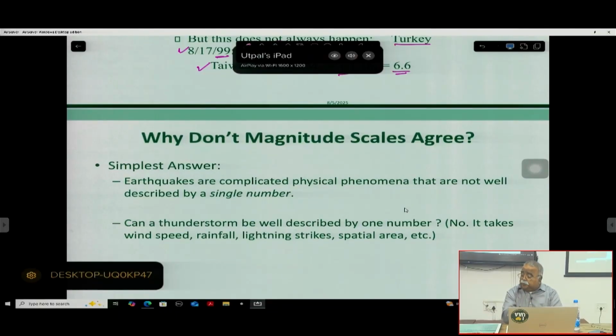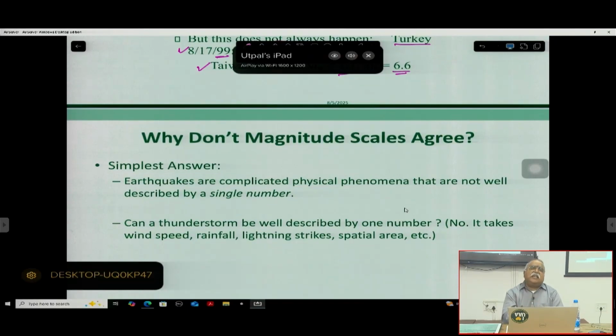But that number or the amplitude depends upon a lot of other factors: how the station is located, which type of soil it is located on, how far this station is from the epicenter.